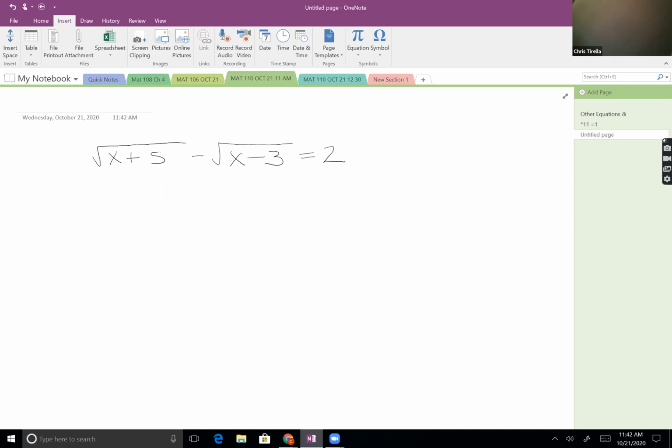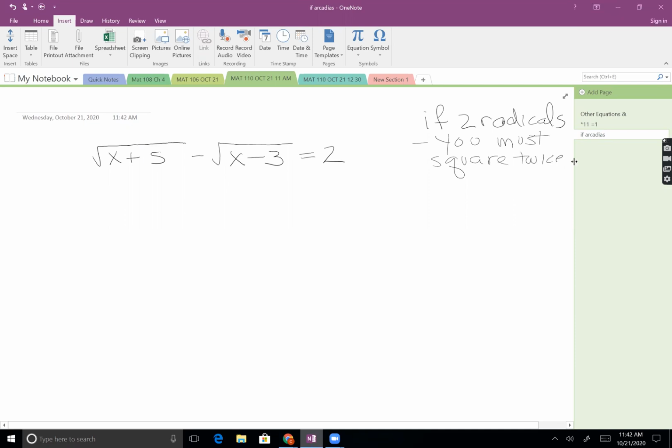And please notice what makes this one different is that it's got 2 radicals. And if you have 2 radicals, what happens is you have to square twice. Because right now, if I were to square this by itself, I can think of that as being a binomial. And so when I square that, I'd still have a radical left in the middle. And that becomes annoying.